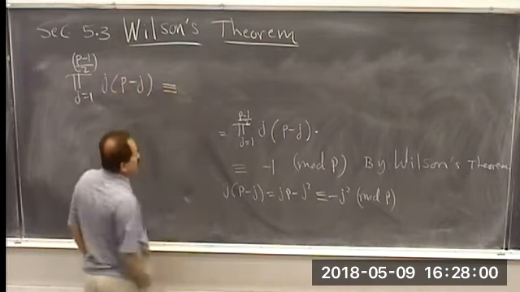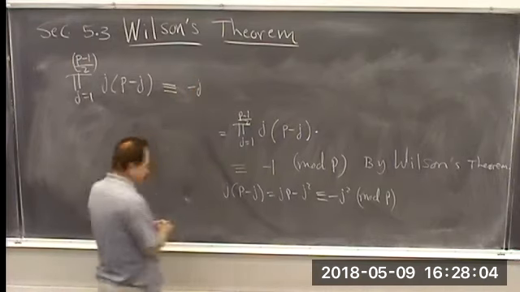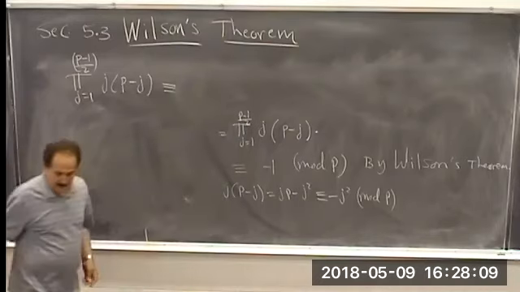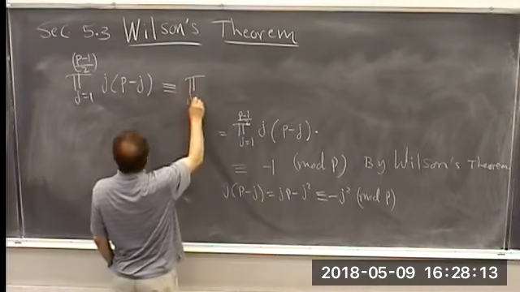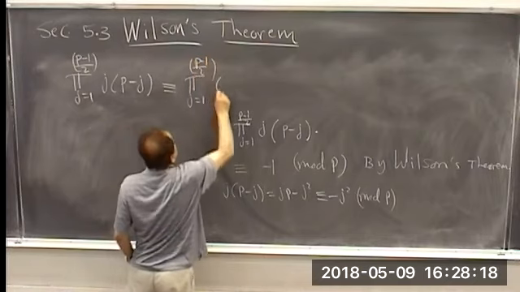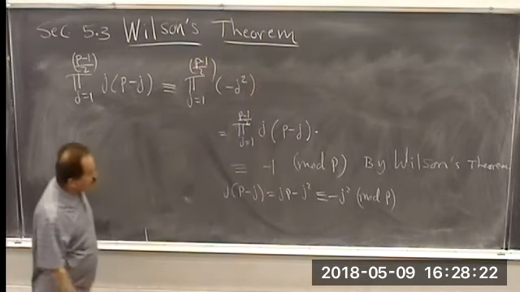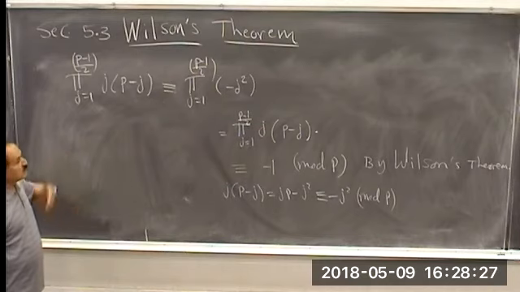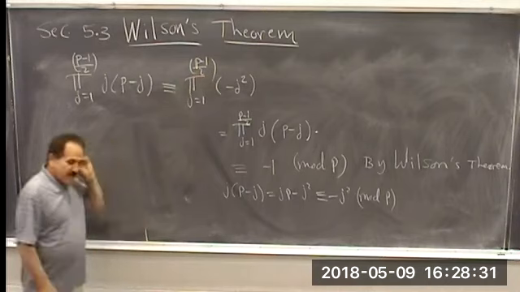This is congruent to, first of all, this is just a single factor, so this will be the product of j equal 1 to (p minus 1) over 2 of negative j squared. Now we're going to multiply negative 1 squared, negative 2 squared, and so on, up to (p minus 1) over 2 squared.